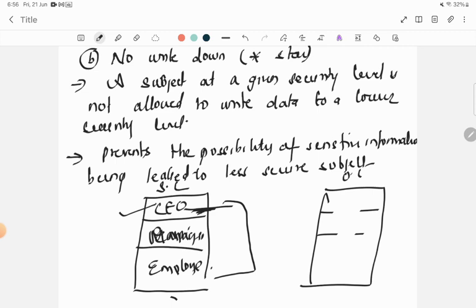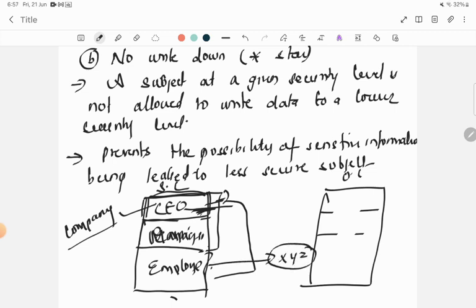Okay, so let's take the example of a company. Suppose this CEO, or this manager and CEO both, have taken a decision to fire a particular employee. Or let's say the CEO has taken a decision that this particular employee, XYZ, is not going to get any increment or appraisal this year.